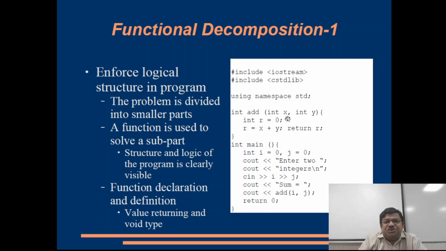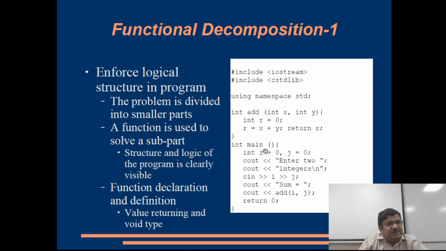It just takes two integer arguments x and y, adds up both of them and returns the sum of these two integers. So it is an integer type function and it takes two integer arguments. Here the complete function definition is given. The complete implementation of the function is given here.